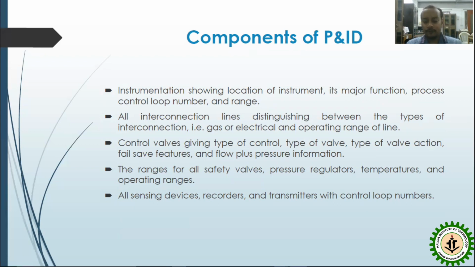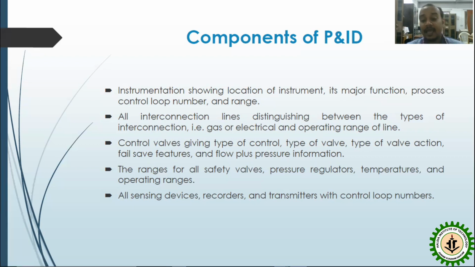So different types of information I can gather from only his roll number. Here also the same thing: from a control loop number, we can identify which type of loop it is. It is a temperature control loop, a pressure control loop, a level control loop, or different types of loop.